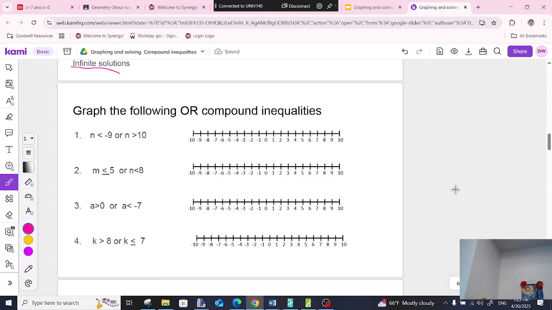Greater than 5 would be this way. So it would be from here all the way over as a solution.